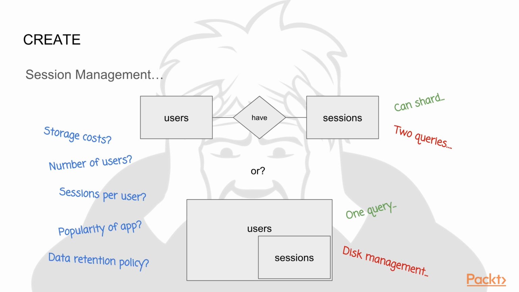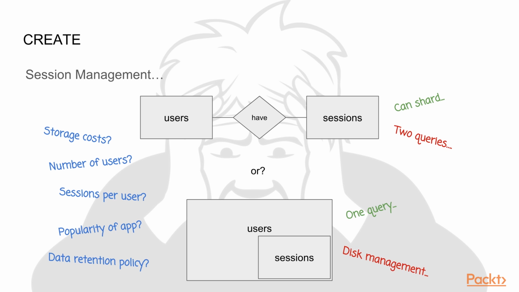So if I have 5 million users and each user logs in 5 times, I have 25 million sessions. The advantage of keeping the 2 relationships discrete in their own collection is that you can shard the session table, but the disadvantage is you're going to need multiple queries to get the data out of MongoDB.